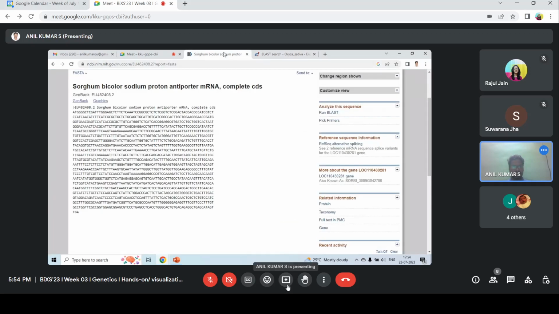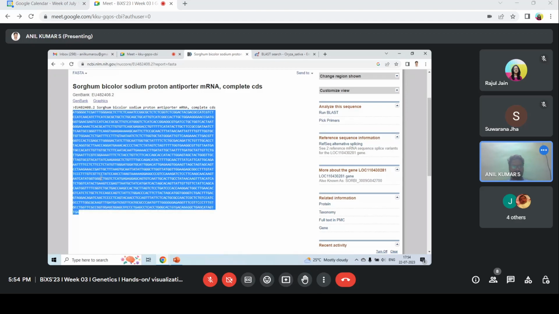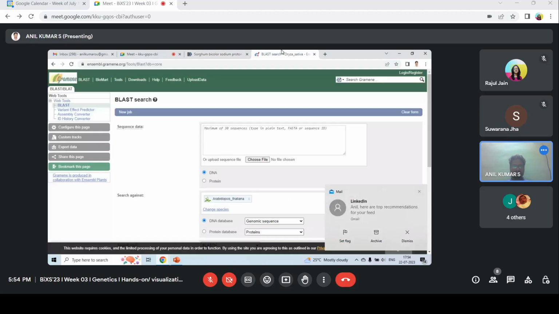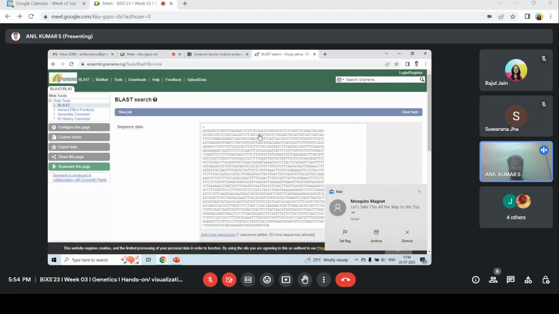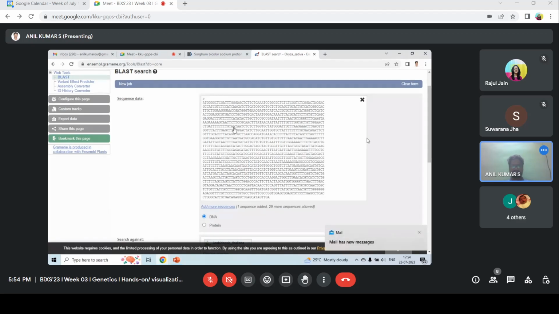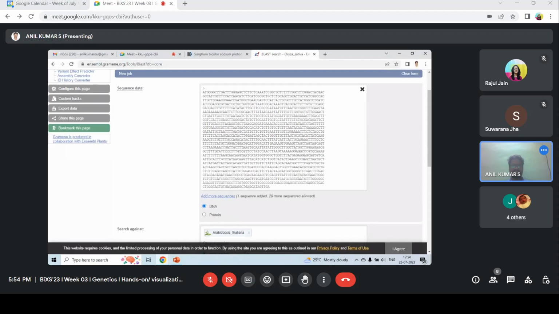See here, now I'm taking this particular sequence. I'm copying the sequence and keeping it here in FASTA format. It should be in FASTA format all the time, because if you submit without this greater-than symbol, it won't be recognized by the system, or else it will take each and every line as a separate gene, which we are not interested in.